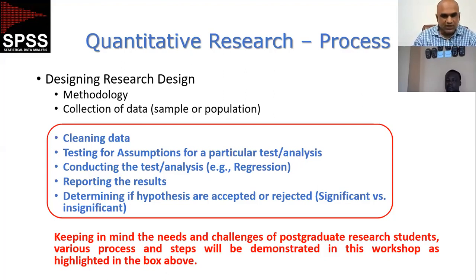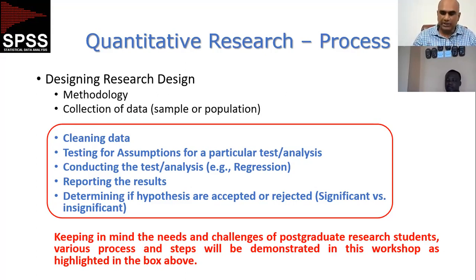Essentially, once we're done with methodology, we go into chapter 4 with our data, and we start cleaning the data. Then we check the assumptions, whether the data meets the assumptions.